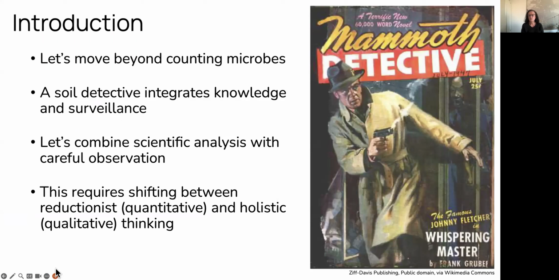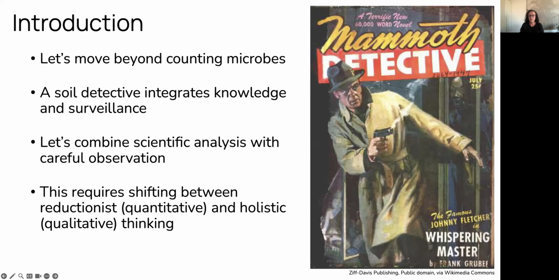So, what we need to do if we do microscopy is move beyond counting microbes. The microscope is a tool, but it does not work in isolation. A soil detective integrates knowledge and surveillance, and we're talking about soil structure, organic matter, microbial interactions, and ecological succession.